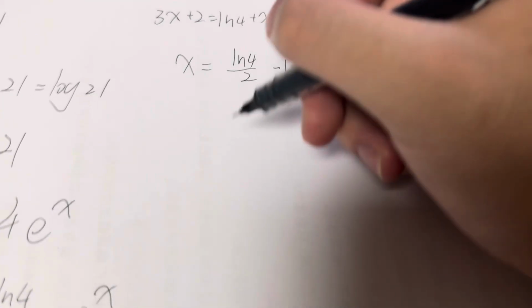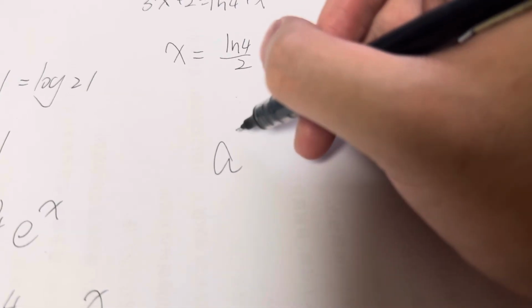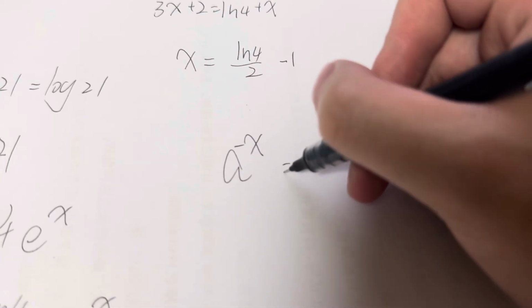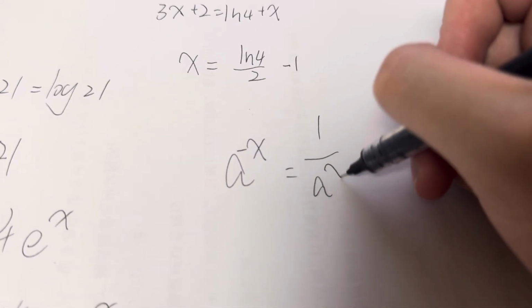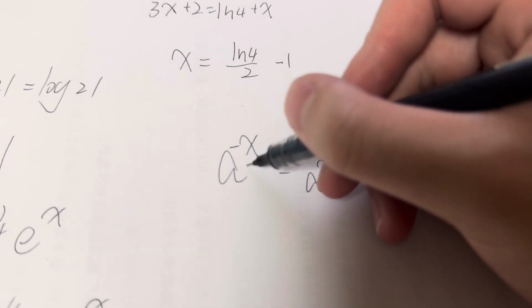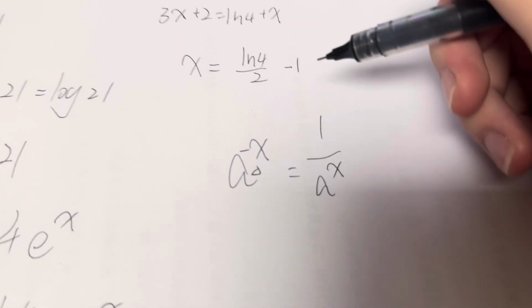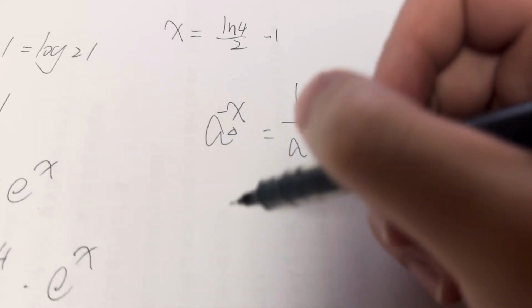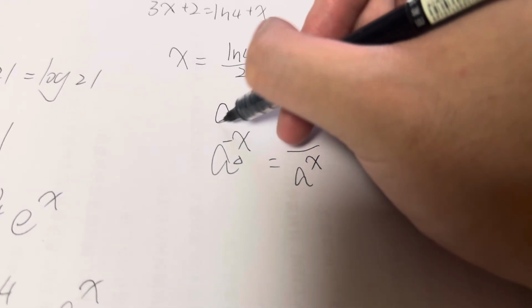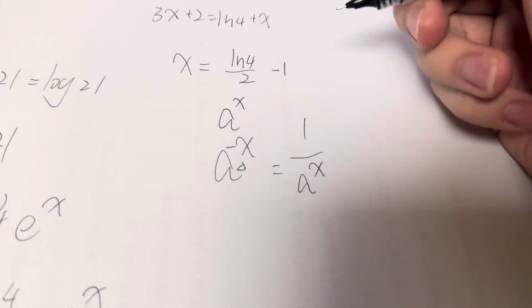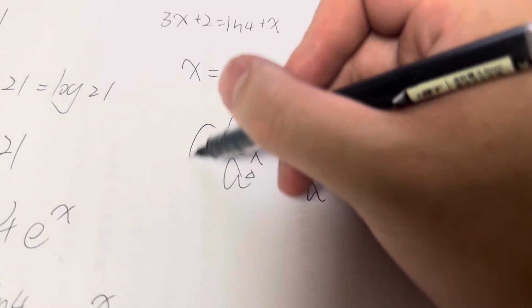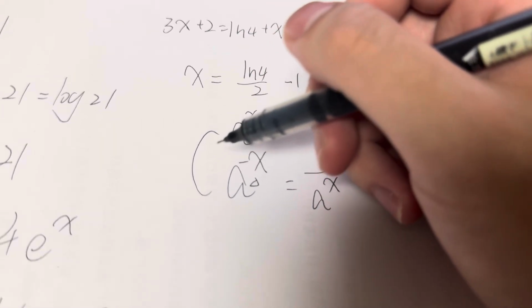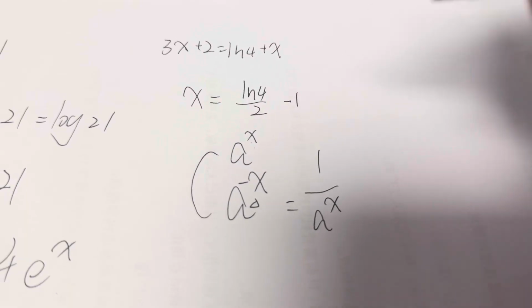Do you remember that a to the power of negative x is equal to 1 over a to the power of x, right? Here x is a negative integer.